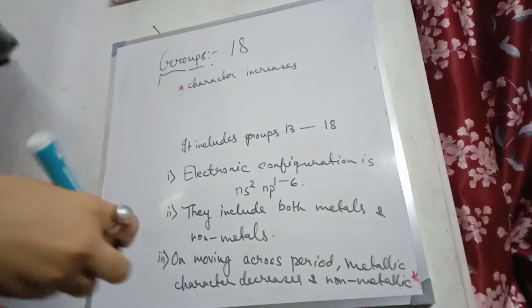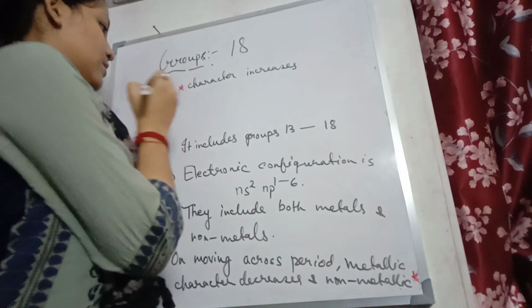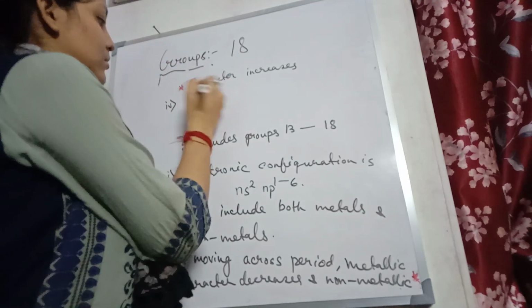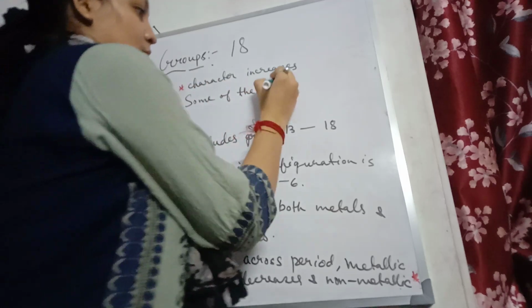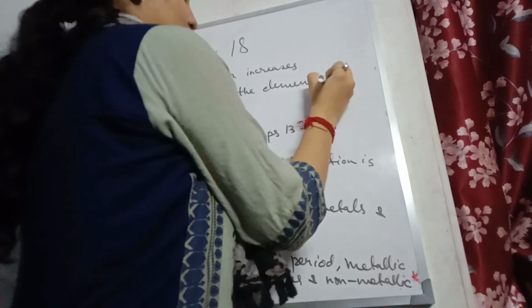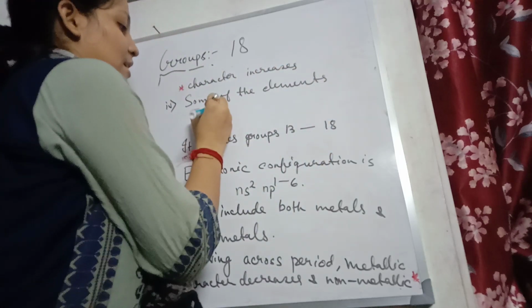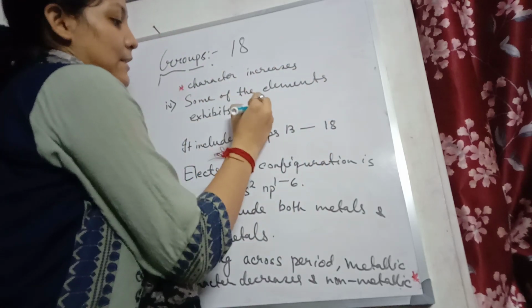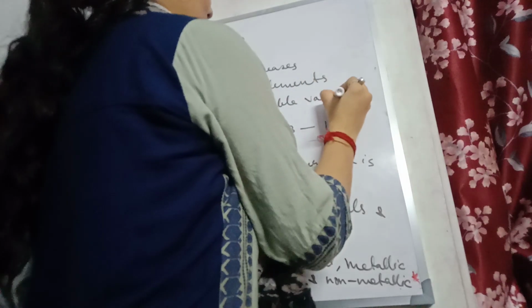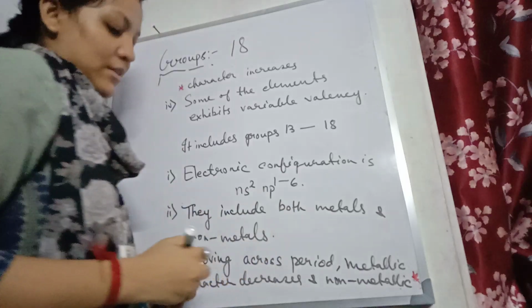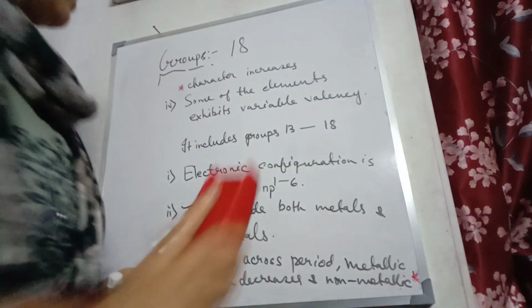Okay, the next one, some of the elements exhibit variable valency. Which are the elements?